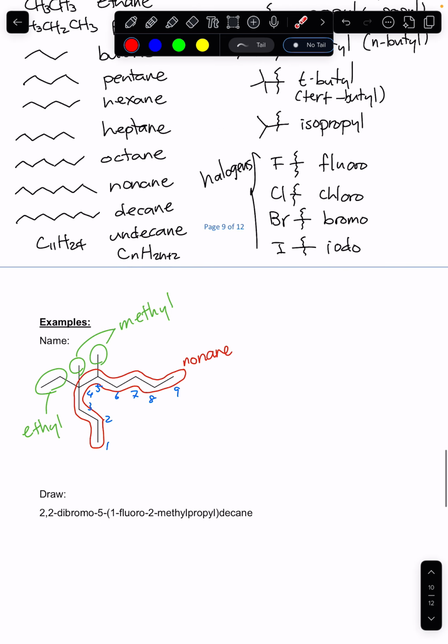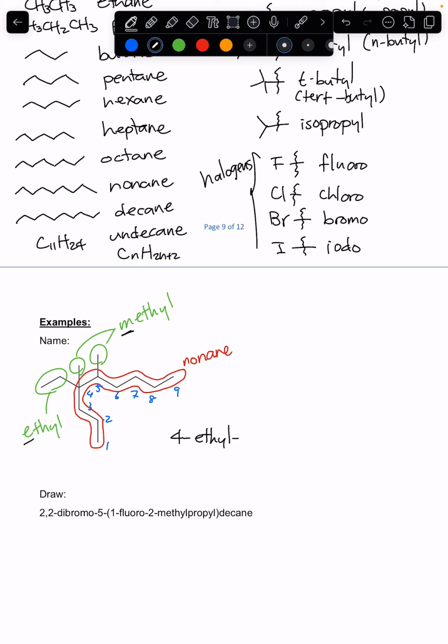Here we have 2 methyl groups, so that should be called dimethyl, but we're going to pay attention to the letter M in terms of alphabetical order, and E. So ethyl comes before dimethyl in alphabetical order.